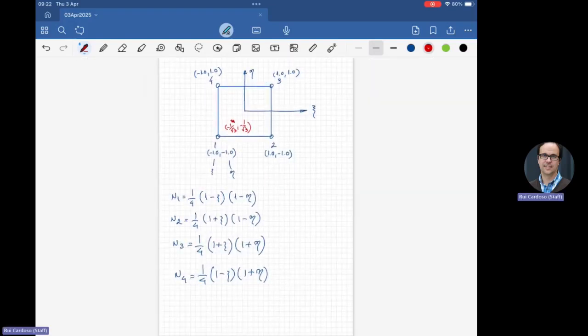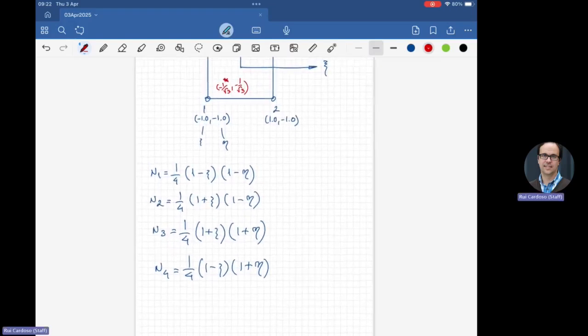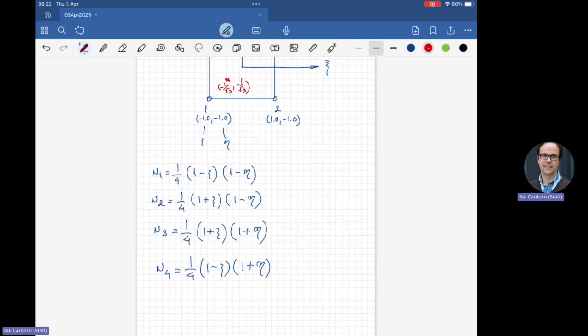If I want to know, for example, my coordinate x of that point, what I'll do is a summation from i equal to 1 to 4, because we have 4 nodes, of the shape functions times the x coordinate of each node.